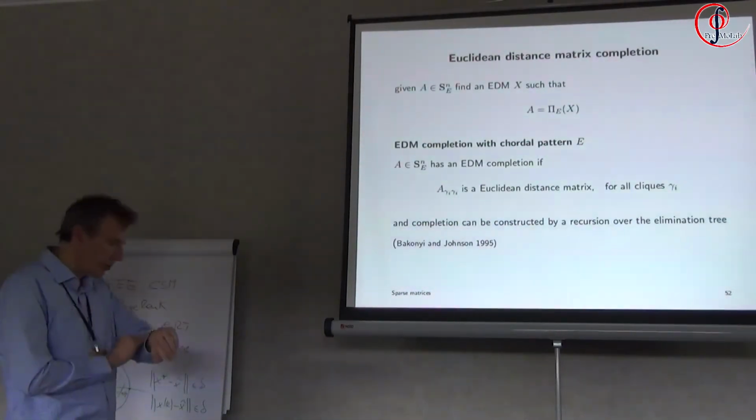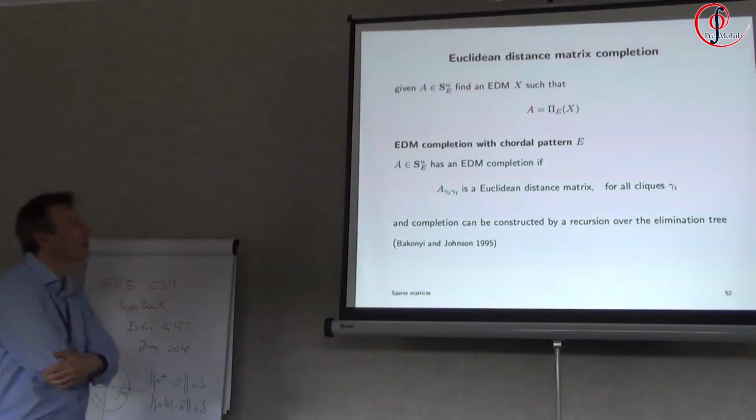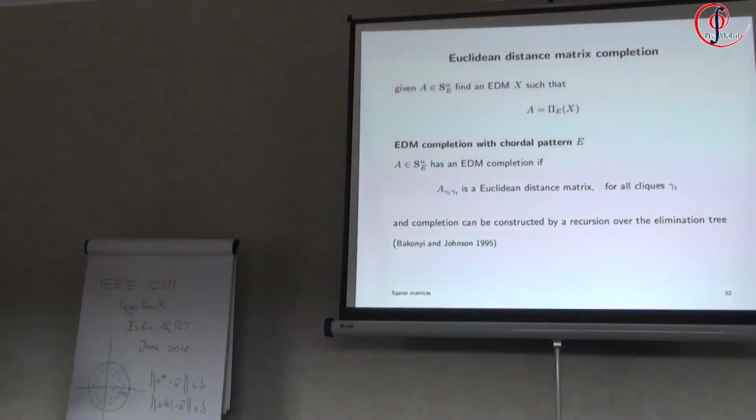So then the Euclidean distance matrix completion problem is to complete a partially specified or sparse matrix in such a way that the completion has this Euclidean distance property. And you have a similar property for the Euclidean distance completion problem as for the positive semi-definite problem.